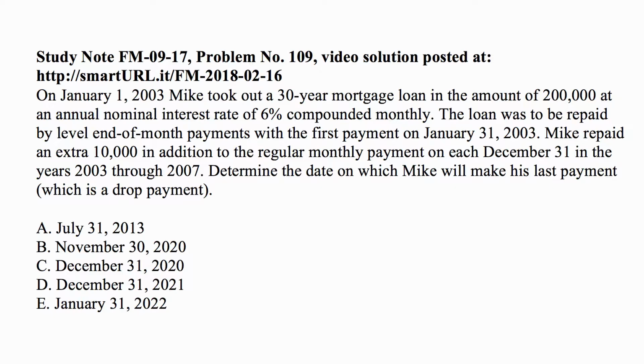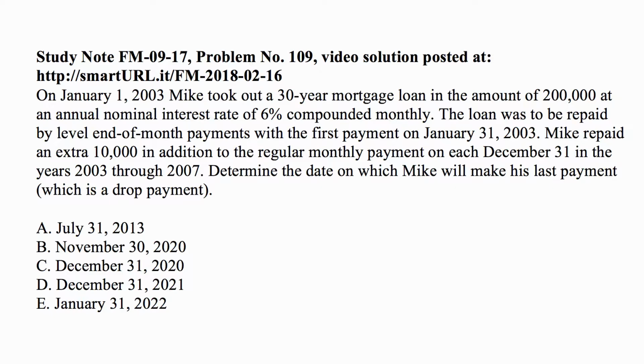Mike repaid an extra $10,000 in addition to the regular monthly payments on each December 31st in the years 2003 through 2007. Determine the date on which Mike will have his last payment, which is a drop payment. Drop payment means payment of a different amount than the regular payment.